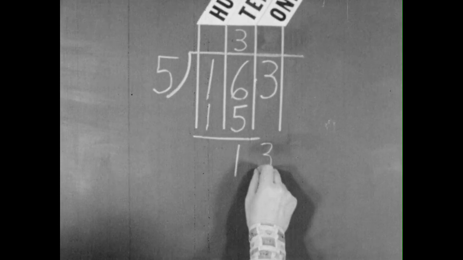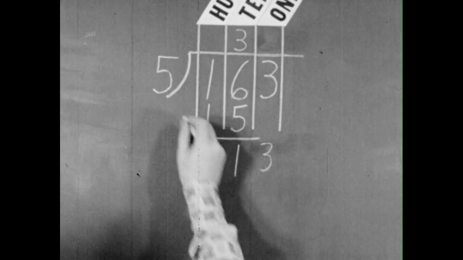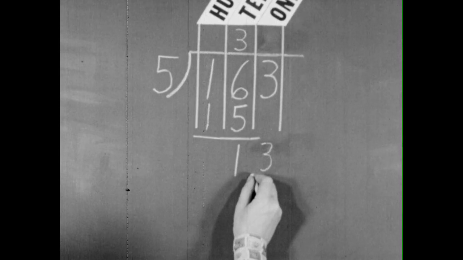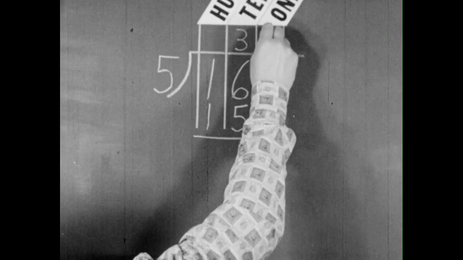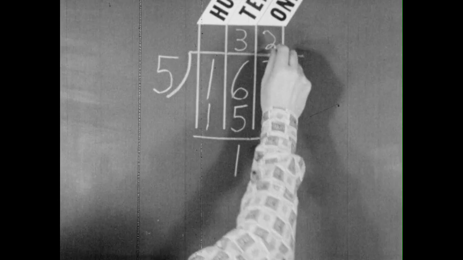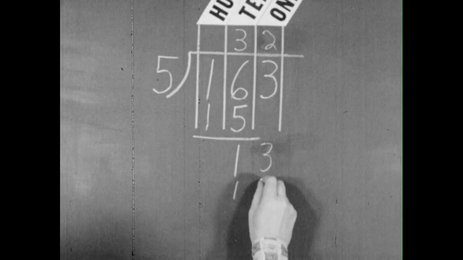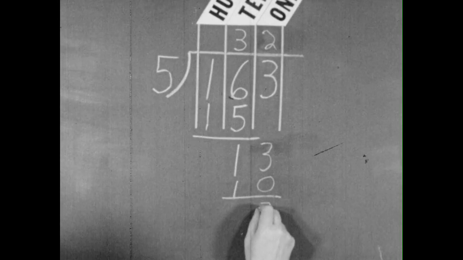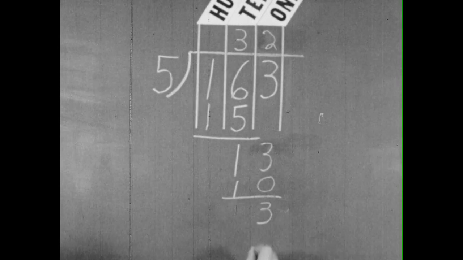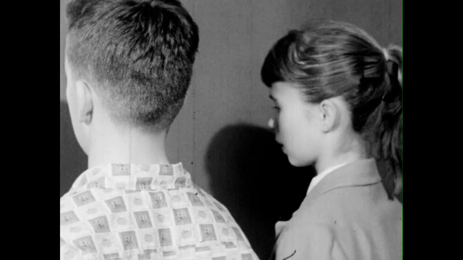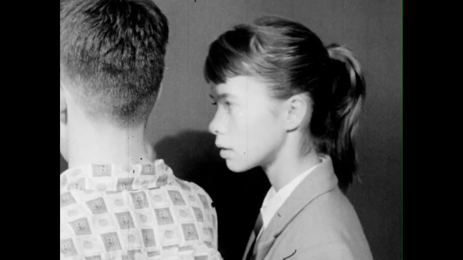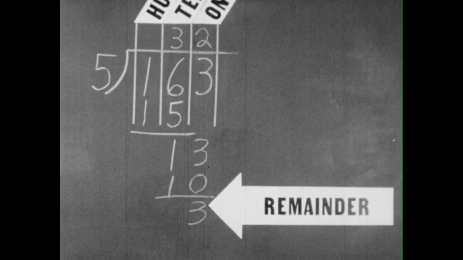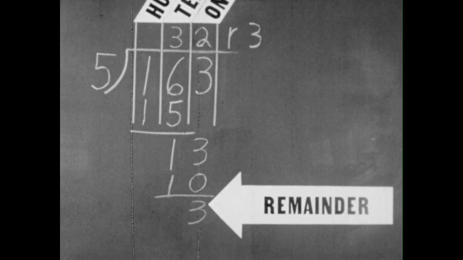In this new dividend, 13 ones, how many groups of 5 ones can we find? And notice that Bob is putting the 2 in the ones place. 13 ones equal 2 groups of 5 ones, with 3 ones left over. Do you remember what this 3 is called? That's right. The remainder. 163 divided by 5 equals 32, remainder 3.